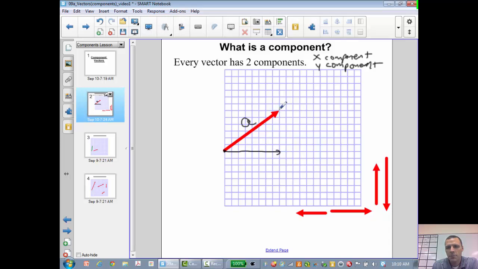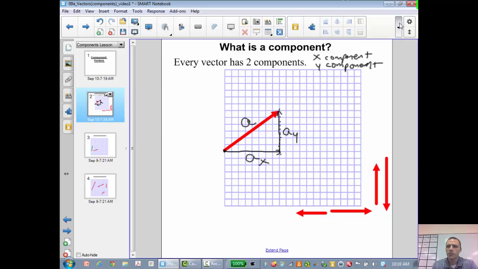I know when to stop when I've reached as far east as the actual vector goes, and I label this AX. The y component just points up as high as vector A goes, and I call that AY. When I put the two components tip to tail, the original vector is the resultant.